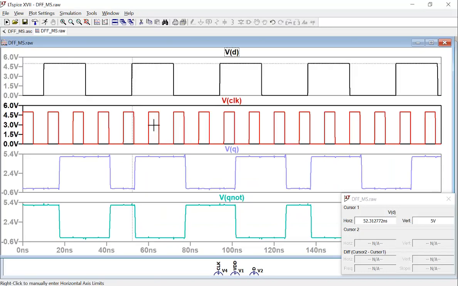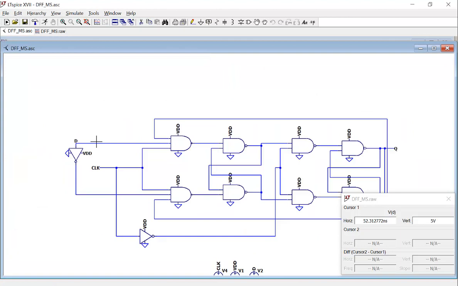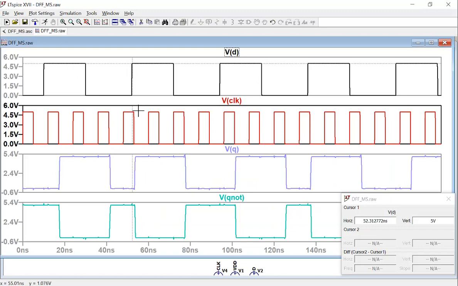Okay, so whenever the falling edge arrives, here's a clock, the falling edge arrives, the second stage's clock becomes the rising edge. It's going to trigger the transmission from here to here. So what's going to happen is whatever the D signal is at that moment, it's changing actually, but whatever it is at the moment, at the falling edge of the clock, it's going to send it to the output.